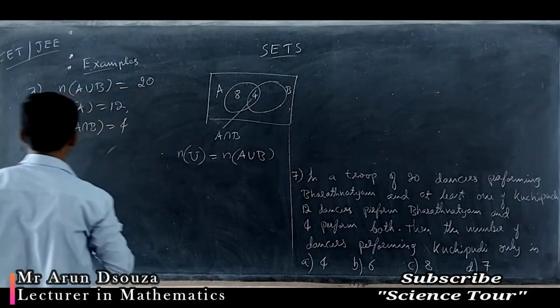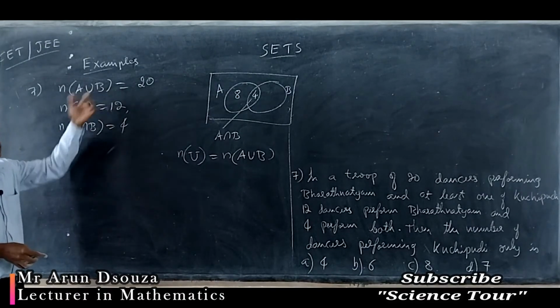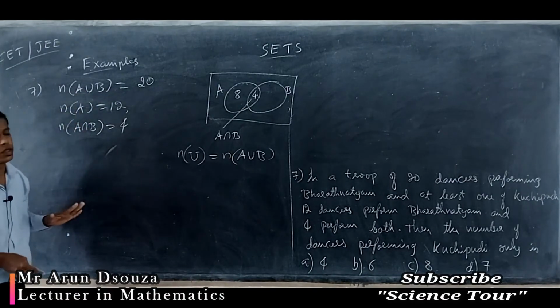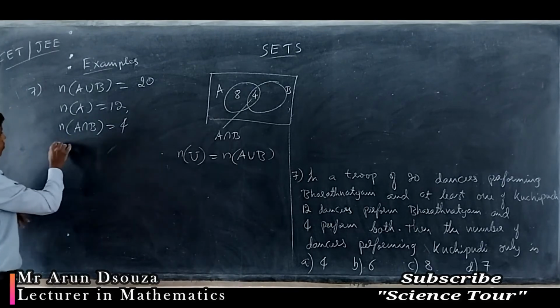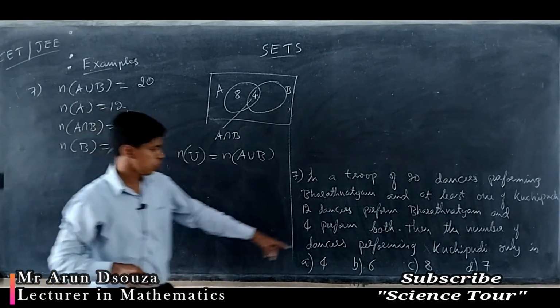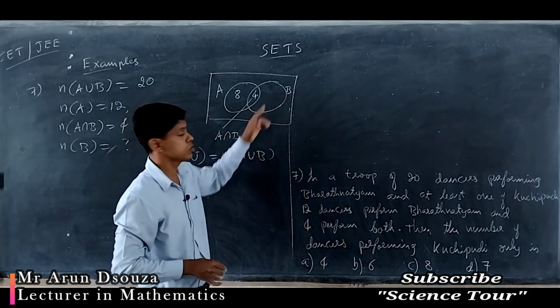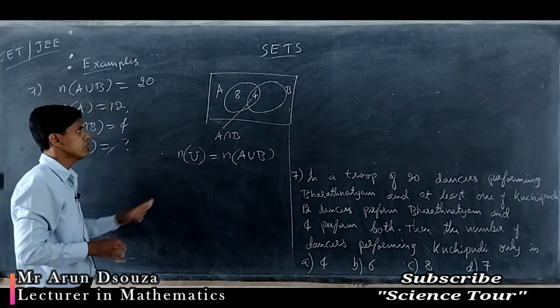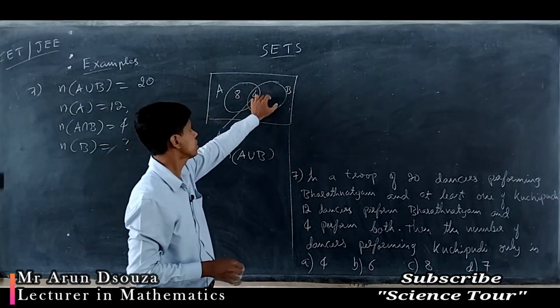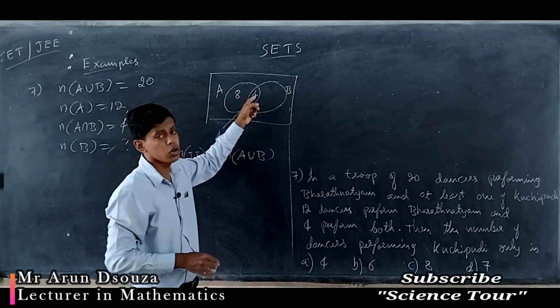Okay, now so this is universal, that is union. Alright, now it's very easy for us to find n of B, but we don't need n of B, we need only B. Only Kuchipudi we need. If you find n of B, we can find this region easily. Understand, there are totally 20, 8 plus 4, 12.